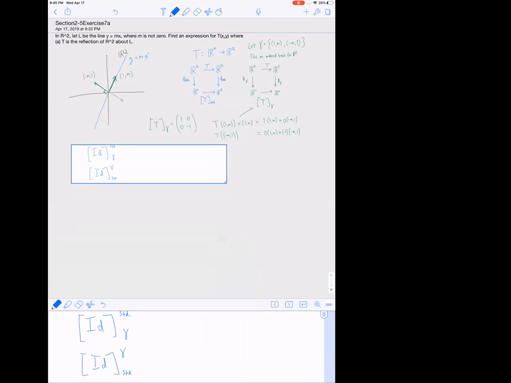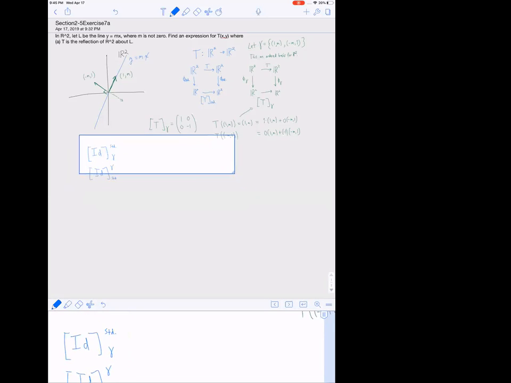And of course, these two matrices should just be inverses of one another. One of these is easier to write down than the other, and it's probably this one, because what I'm supposed to do here is apply the identity transformation to the vectors from gamma, and then write those as a linear combination of the standard ordered basis.